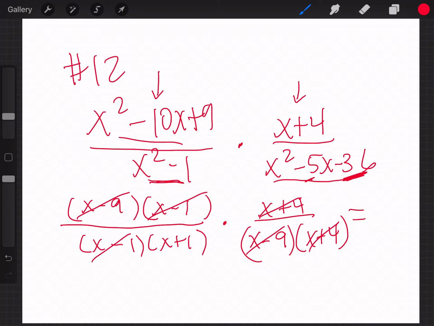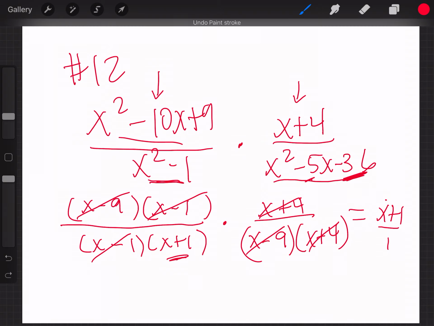Notice the only thing left on the top is nothing. The only thing left on the bottom is this x plus 1. I had a lot of people put just x plus 1, and that is not correct, because when you leave it just like this, that's understood to be over 1. That implies that the x plus 1 was on the top. And you can see everything on the top is marked out.